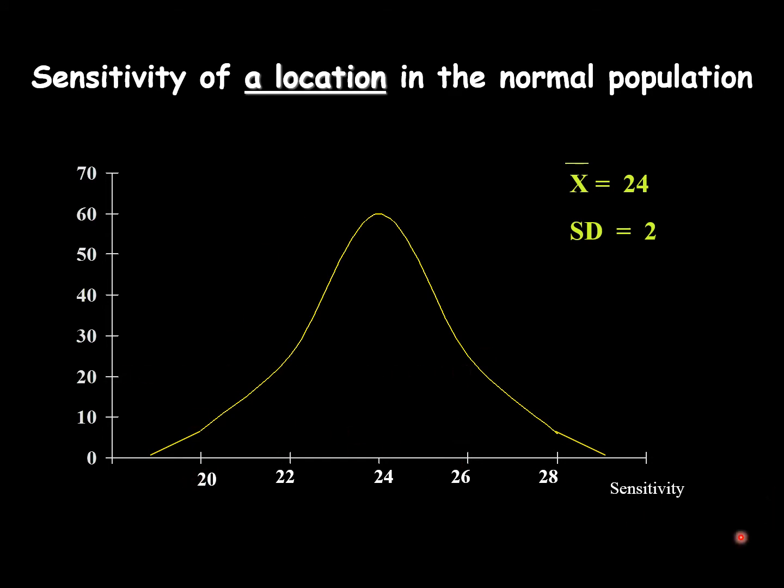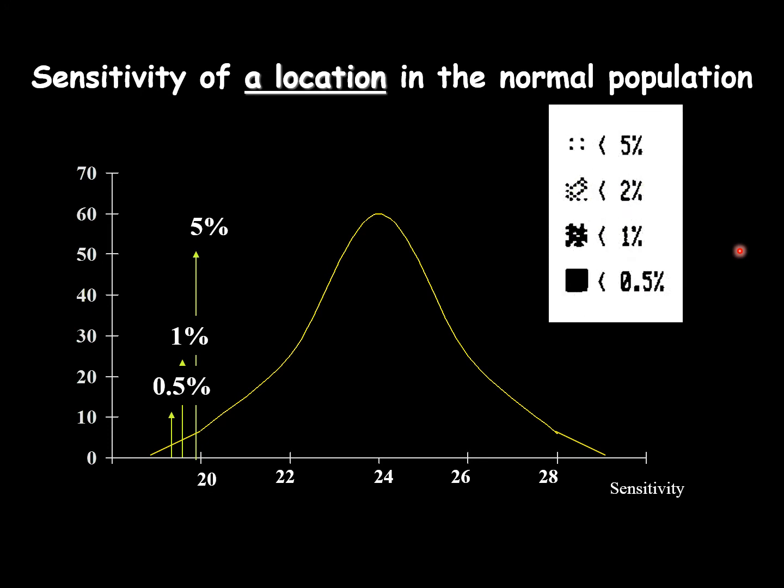So we have this curve. Now, once we have this curve, we know the probability of having any of these values in the normal population. For example, this value occurs in 5% of the normal population. This value occurs in 1%, in 0.5%, and so on. And this is the clue we have in the graph.